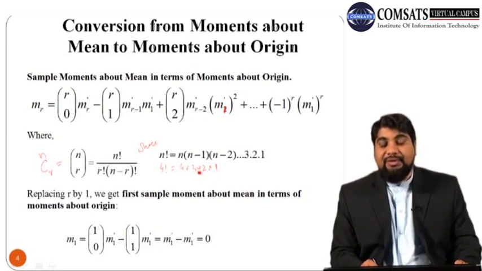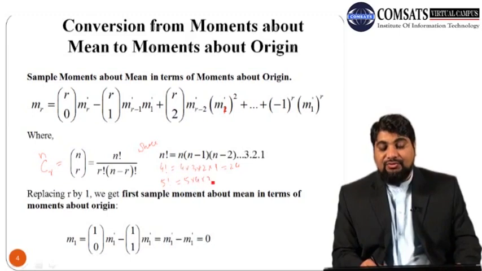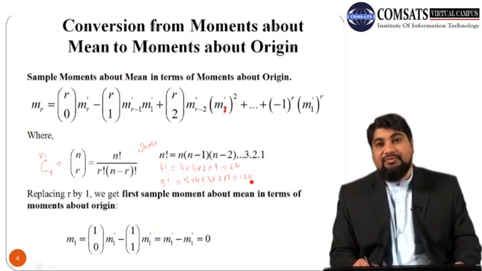So 4 into 3 is 12, 12 into 2 is 24, into 1 is 24. So 4 factorial is actually the number 24. So similarly if we have 5 factorial, we can write it as 5, then 5 minus 1 is 4, 3, 2, 1. So it is 5 into 4 is 20, into 3 is 60, into 2 is 120, into 1, so 120. So 5 factorial is 120.